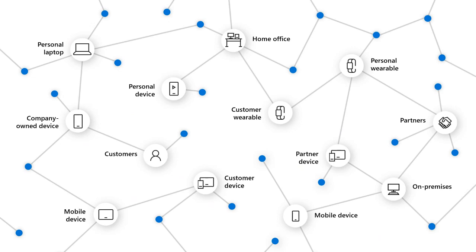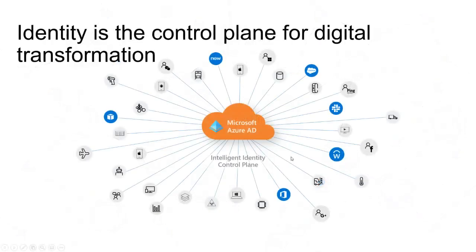Since you identify as yourself with Azure Active Directory, you can have all of these places where your data could be stored, both within and outside of the Microsoft 365 stack, tied back to Azure Active Directory. Once you've authenticated there, you have full and complete access to your files and data. These are some of the ways they allow you to have access to and control of your data.